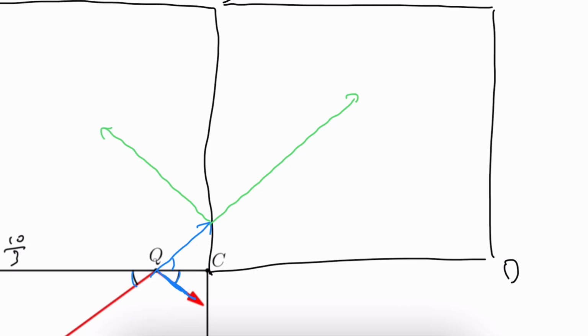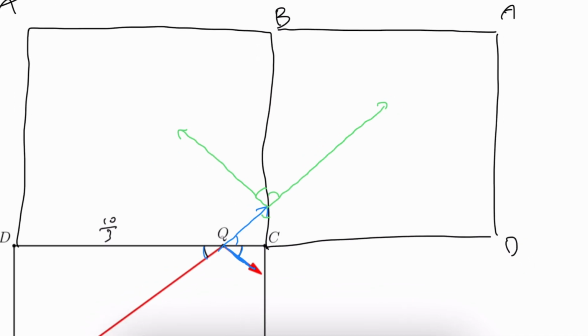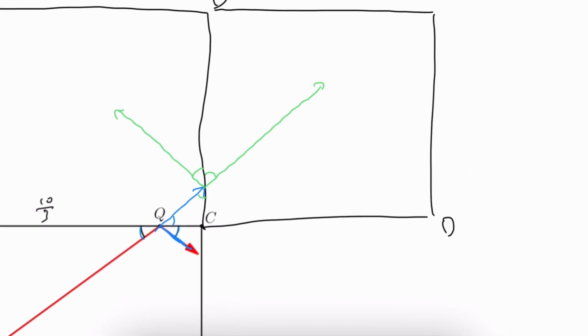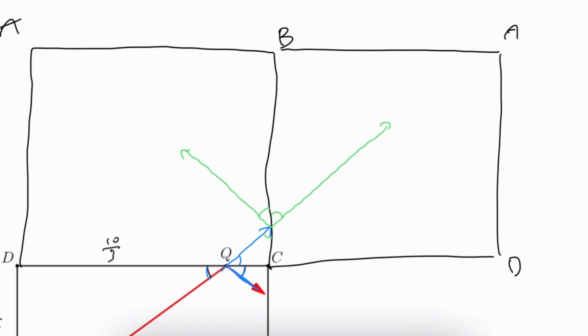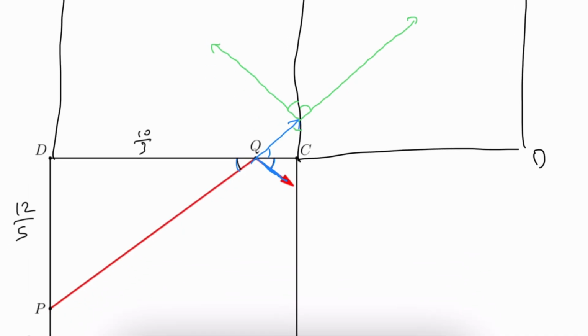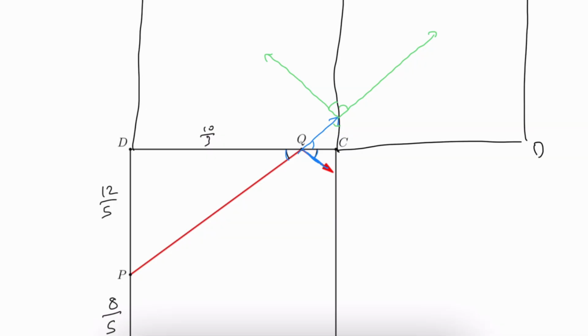Again, this incoming angle will be the same as this reflected angle because they're vertical angles, but reflections maintain the property that the outgoing angle is also the same. So now the new green line in this third grid will be exactly the same as the green line in the previous grid. And if we want to relate it to the first grid, this green line will be like this.